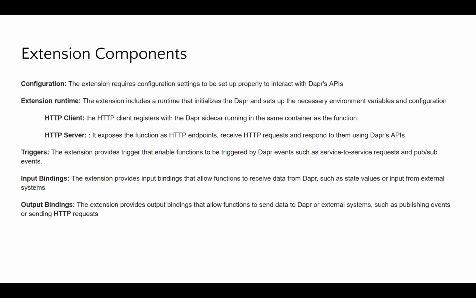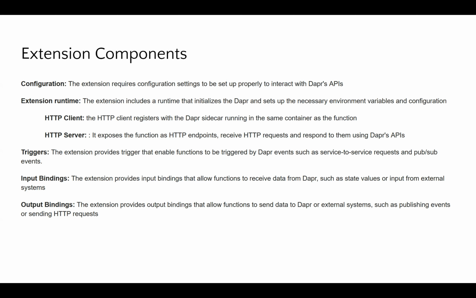So it will have a configuration. Then the extension runtime: the extension has its own runtime, which initializes Dapr and configures all the settings based on the configuration we provide, the app port and app name, which sets up all the environment needed for the function and Dapr to integrate.